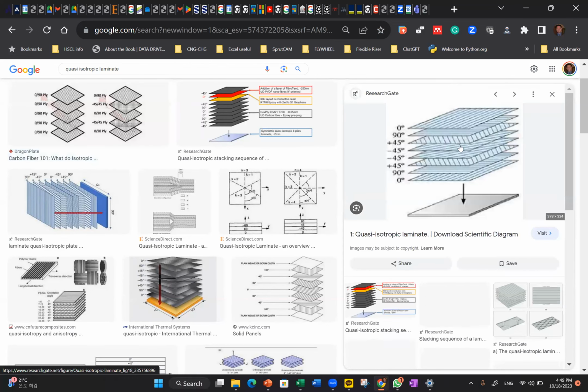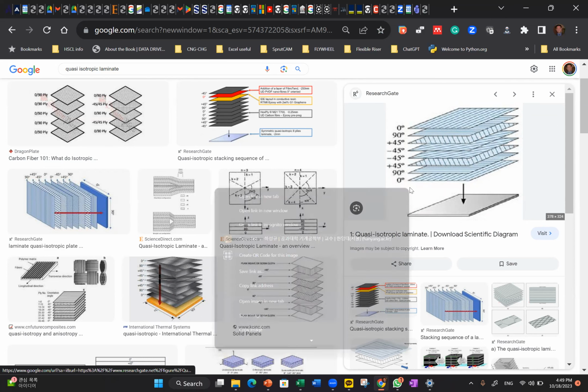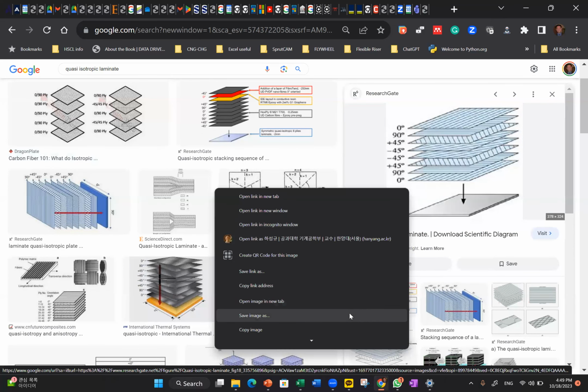From the bottom, 0, 90, minus 45, plus 45, and symmetric: plus 45, minus 45, 90, and 0. This is the very typical laminate used for aerospace structures. That's why we call it a quasi-isotropic laminate.